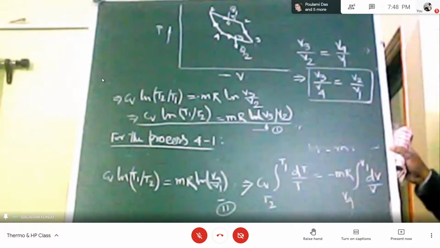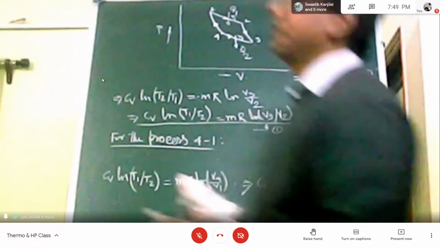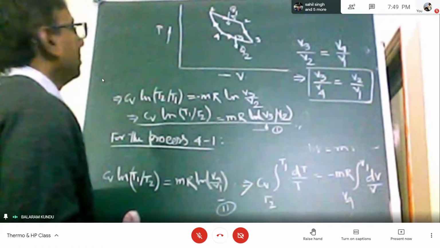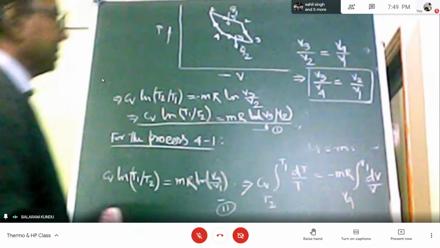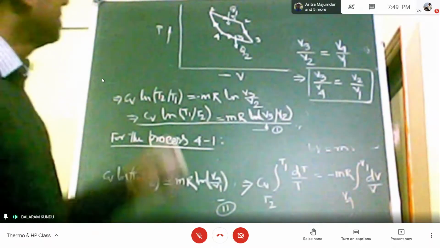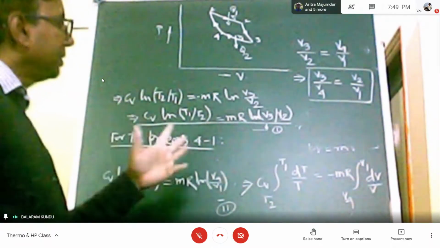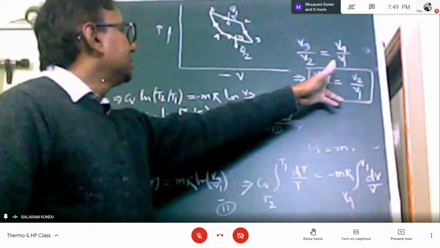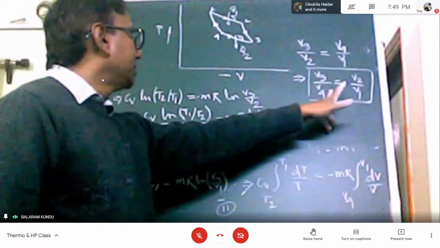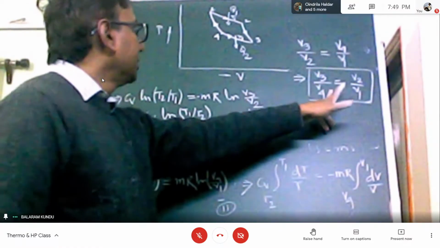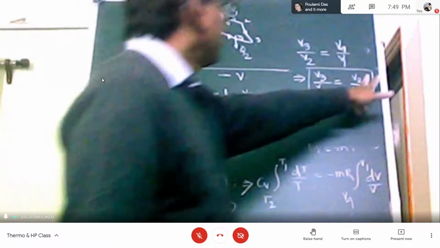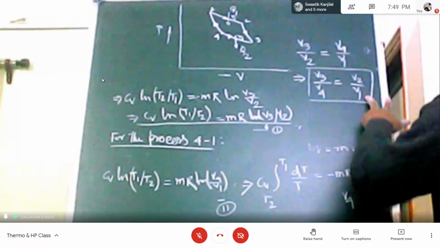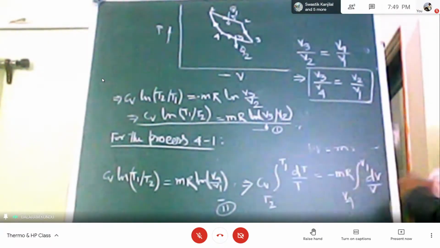So this relationship has been obtained for the processes adiabatic expansion and adiabatic compression. Using these two processes, we have obtained the volume at state point 3 divided by the volume at state point 4 is equal to the volume at state point 2 divided by the volume at state point 1.